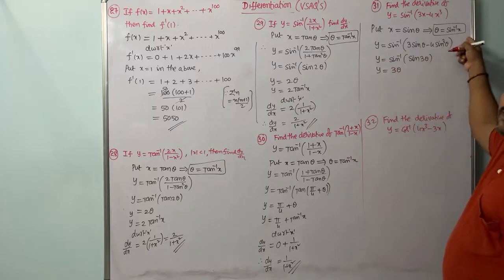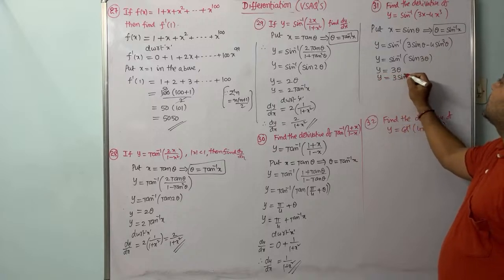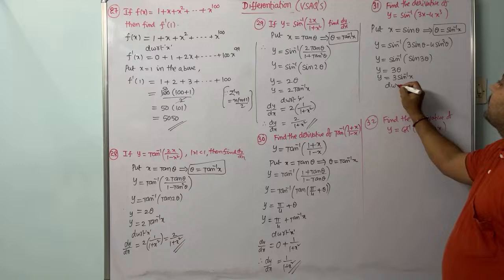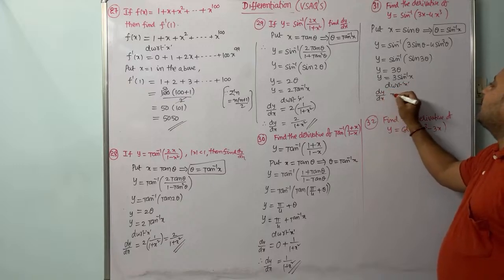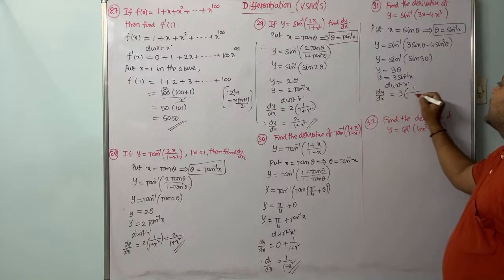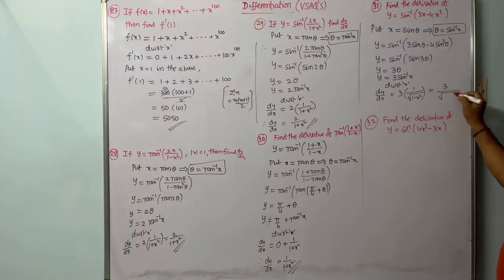What is theta? We assume that sin inverse x. So y equal to 3 sin inverse x. Differentiate with respect to x. dy by dx is equal to 3 into dy by dx of sin inverse x, 1 by root over 1 minus x square. So it will become 3 by root of 1 minus x square.